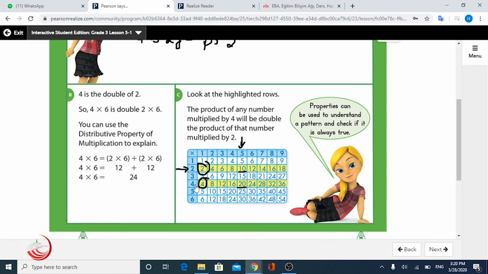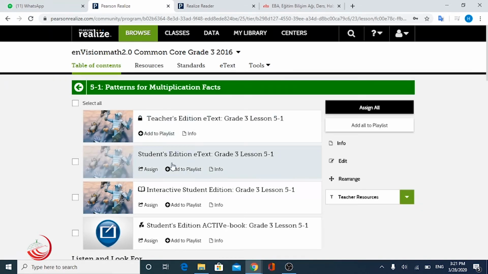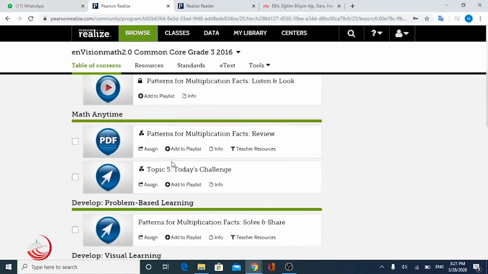So when the factors 2 and 4 are doubled, the product is doubled too, 10 and 20. Alright? So properties can be used to understand the pattern and check if it is always true. Okay, let's listen to this video to elaborate our understanding.